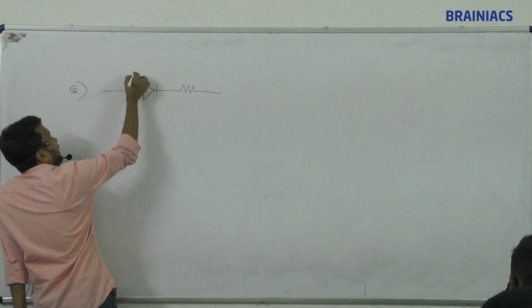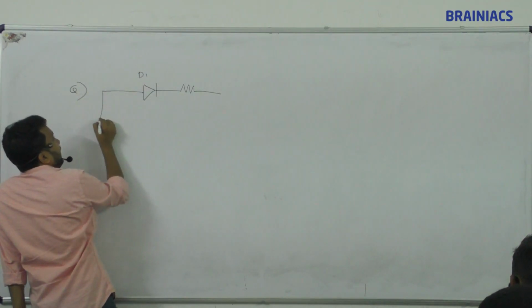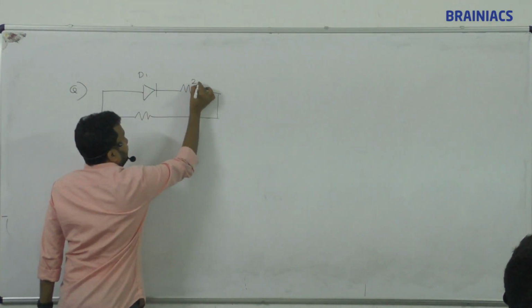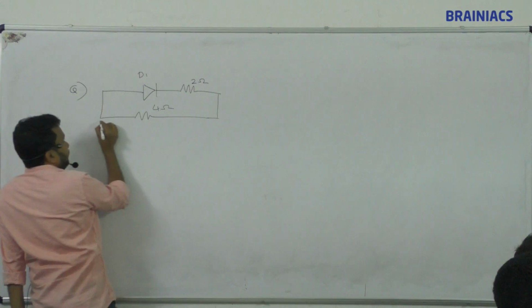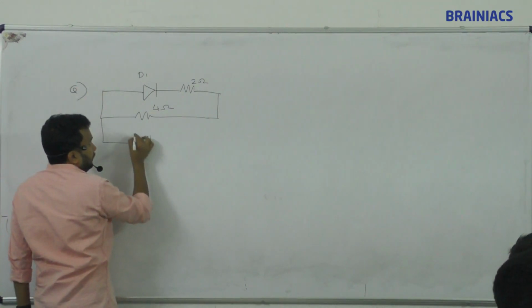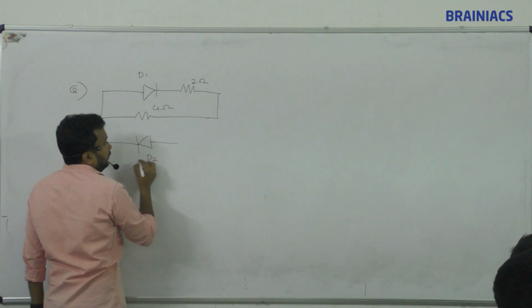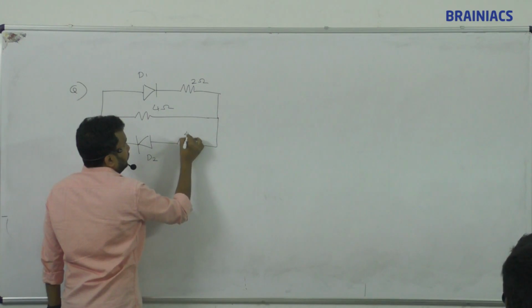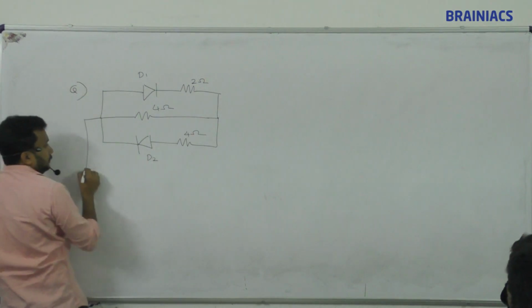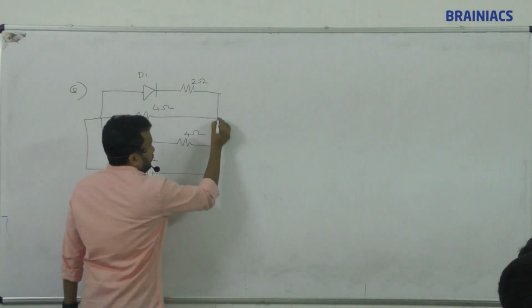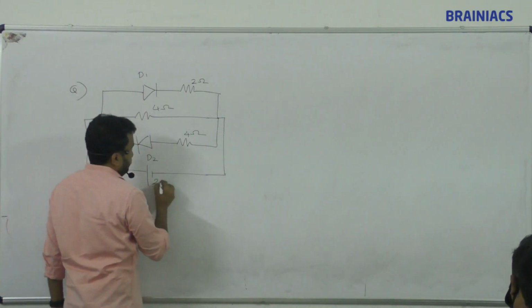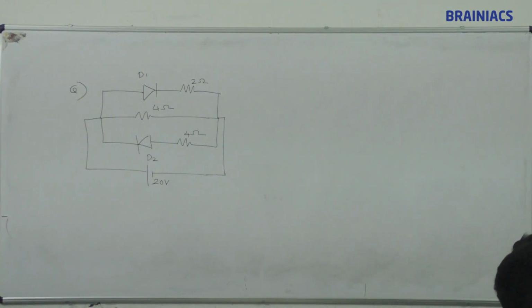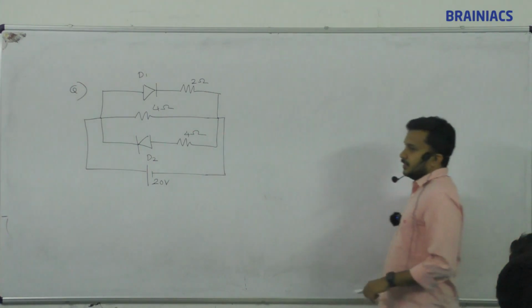Find the current flowing through the diode. D1 is that D1. Diodes are ideal.